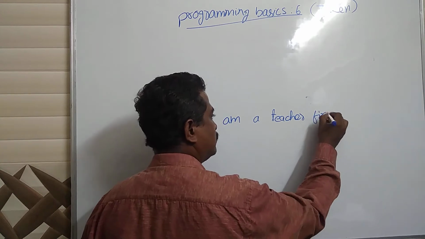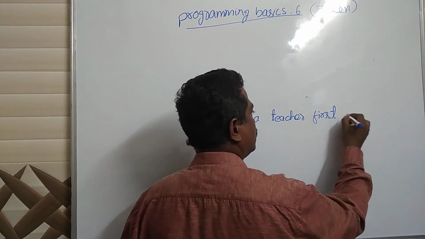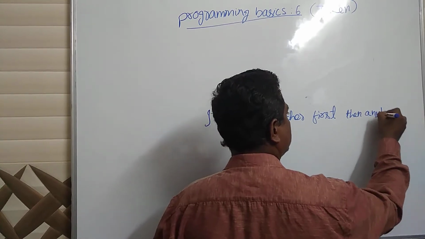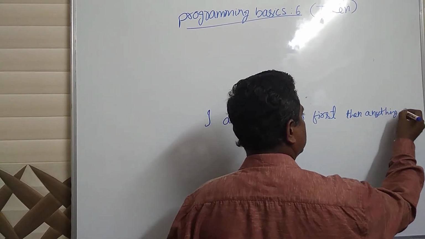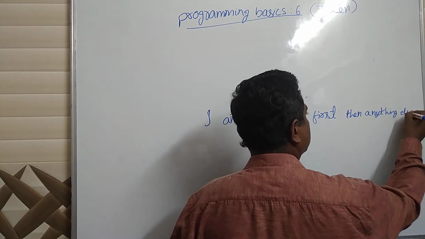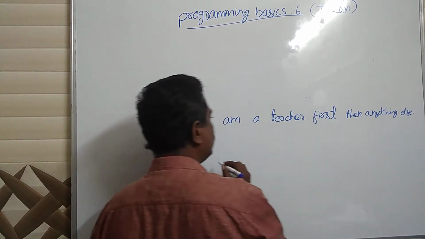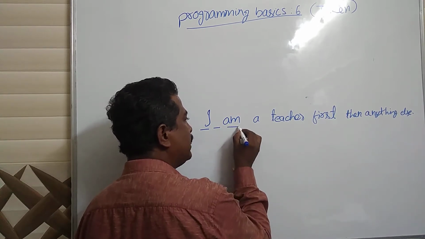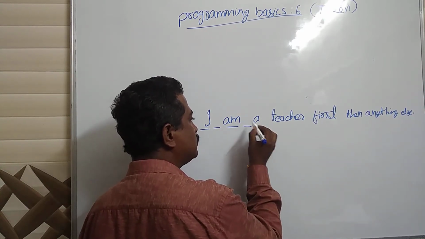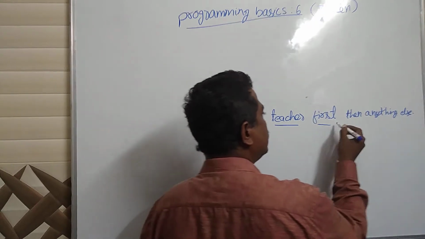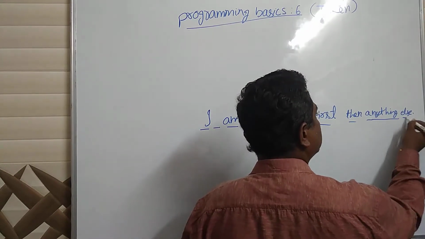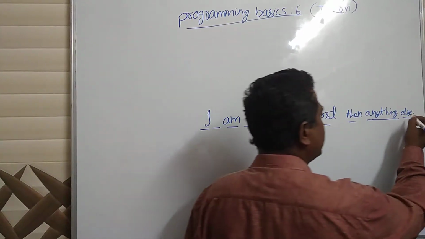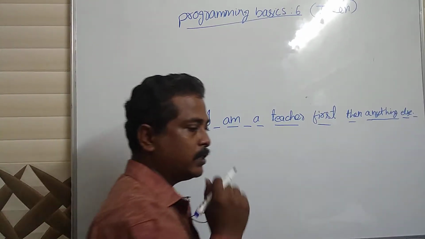Here, I is a token, space is a token, M is a token, space is a token, A, teacher. Each word is a token. Now again, at the end the full stop is also a token.